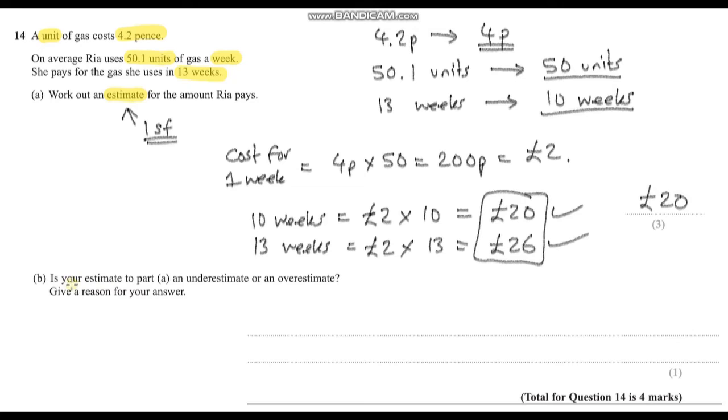Now part B says, is your estimate to part A an underestimate or an overestimate? Give a reason for your answer. So the value I got of £20 is definitely an underestimate. Now if I leave it like that, you won't get any marks. Even though it's only worth 1, it says give a reason for your answer. So the reason why it's an underestimate is because all of the values were rounded down.